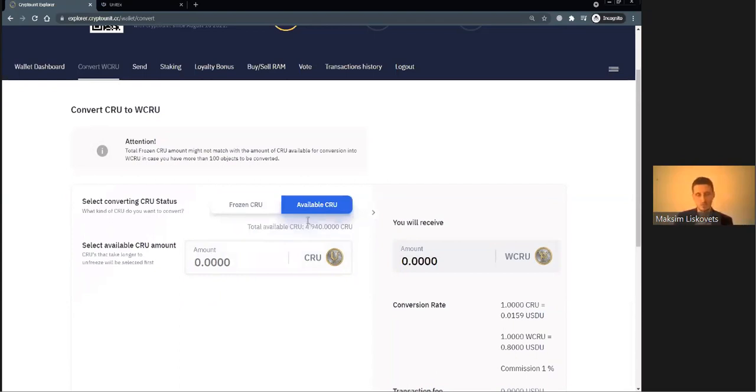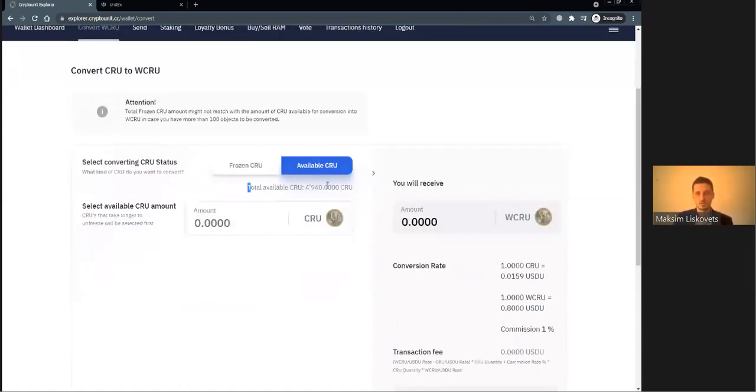Well, since in my wallet I have only unfrozen CRUs, we will work with them. But in a similar way, actually, you can do it with frozen CRUs. And a bit lower, you see the number of tokens available. In this particular case, I have 4,940 CRUs available. Whereas here in this field, select available CRU amount you would like to convert into World CRU.